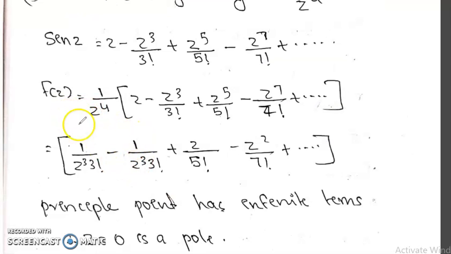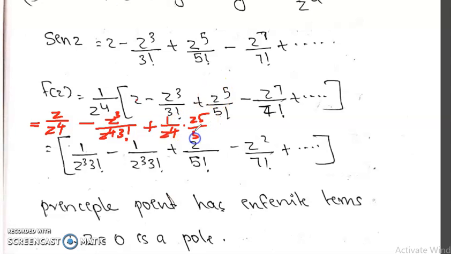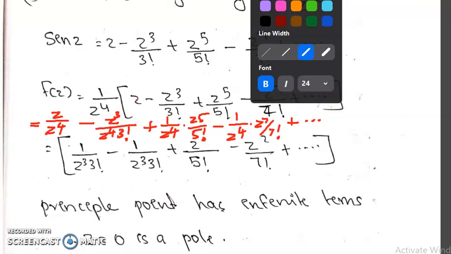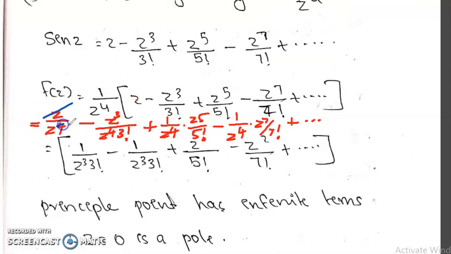So let me write one more step here, which is equal to z by z raised to 4, minus z cube by 3 factorial into 1 by z power 4, then plus 1 by z power 4 into z raised to 5 by 5 factorial, minus 1 by z power 4 into z power 7 by 7 factorial plus etc. Here you can cancel the terms, so you have only z in the numerator.